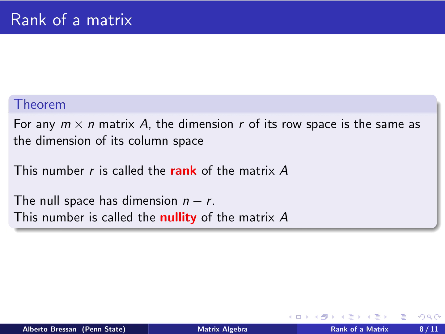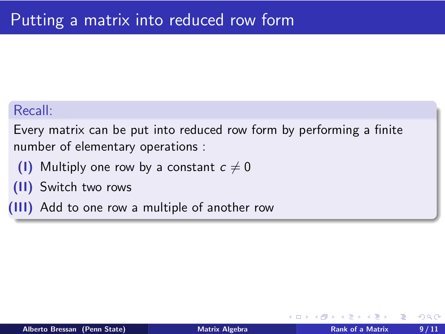If r equals n, then the dimension is 0, and otherwise it's non-zero. And this number is also called the nullity of the matrix A. Okay, so some fancy terms. So rank, and the dimension of the null space is also called the nullity.